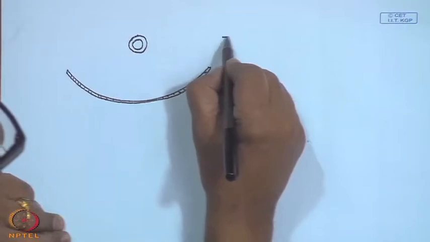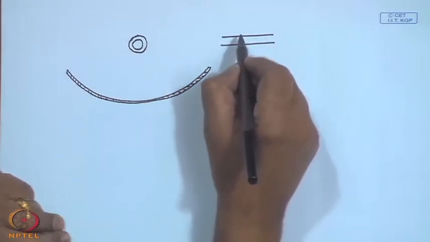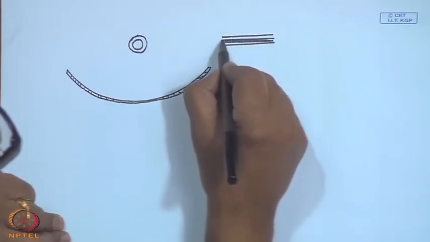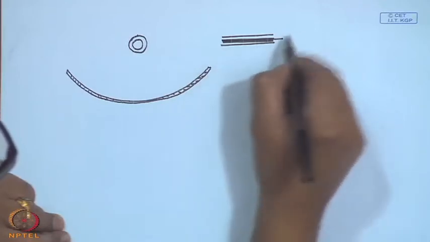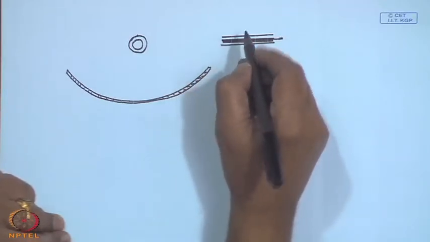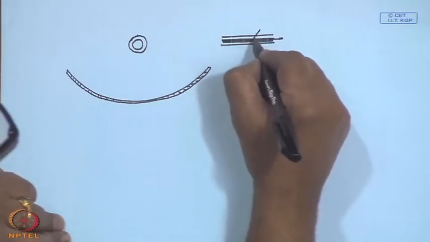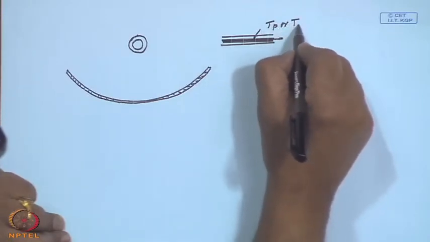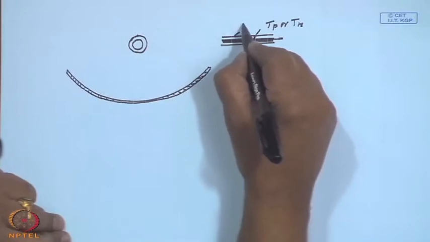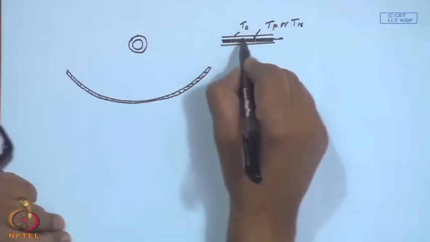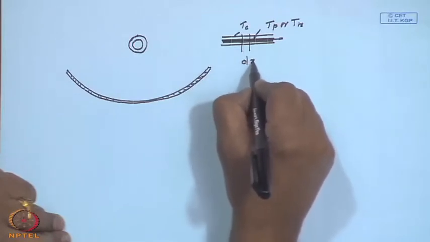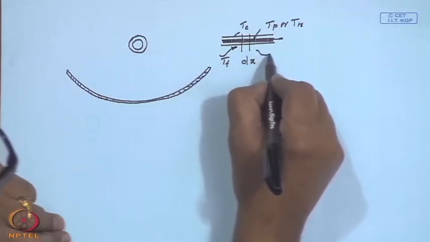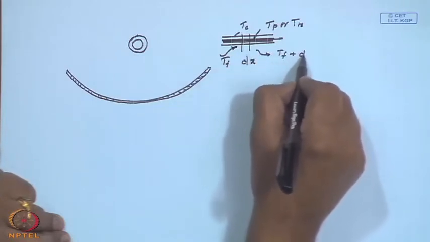And if I see it here, the fluid is flowing through the, if that is the thickness of the pipe, and the temperature Tp or Tr in this case, and then there is the cover temperature Tc, and if I consider a length dx, the fluid enters at a temperature of Tf and leaves at Tf plus dTf.